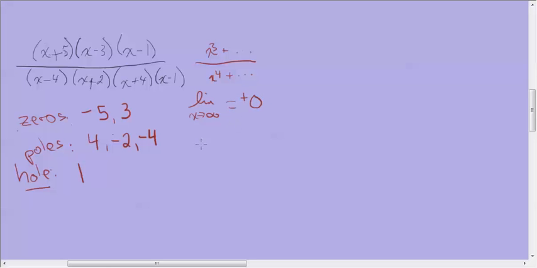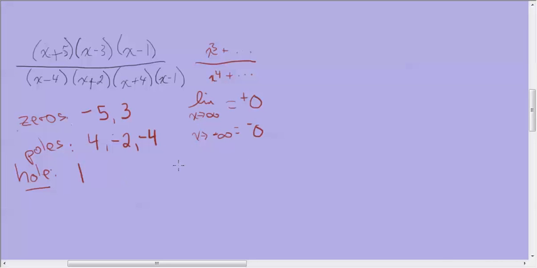And as x approaches negative infinity, that's going to be a negative 0 over 1. So we're going to approach 0 from the negative side. X cubed, negative is going to put a negative value up here, but again, it's going to be a very small negative value, so it's going to be approaching 0 from the negative side.